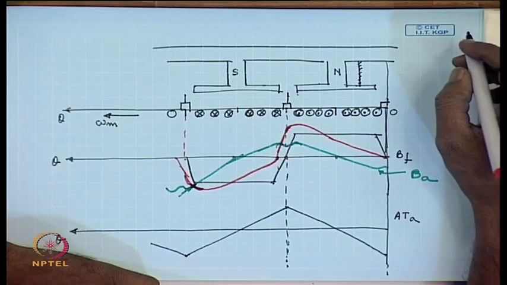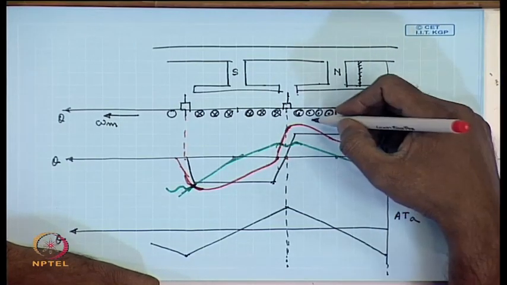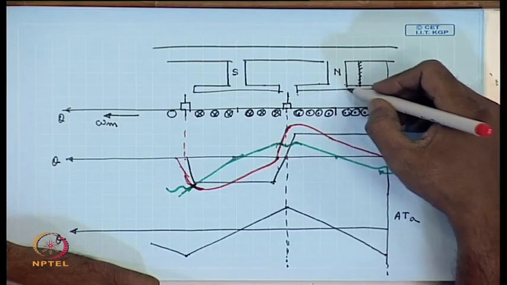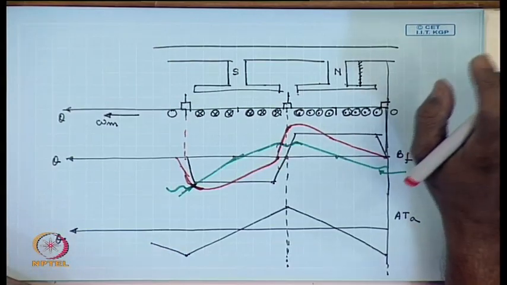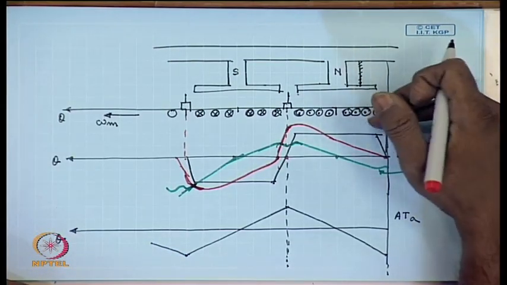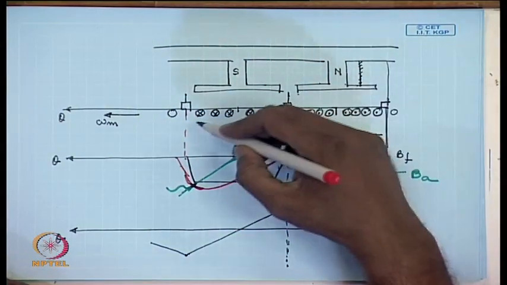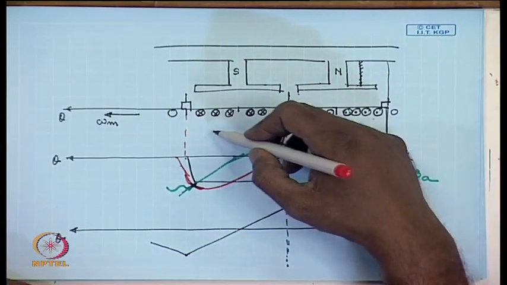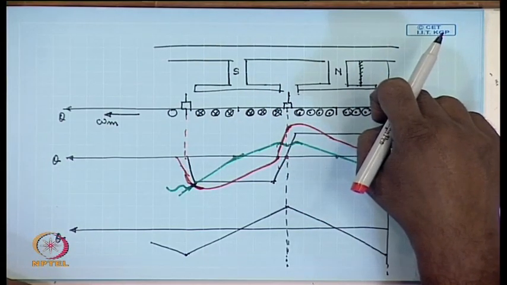Now, the flux per pole, due to the current flowing into the armature, is due to the field flux and the armature flux. It is to be noted, although the individual armature coils are moving with the armature, the pattern of dot and cross currents between the brushes does not change with time.